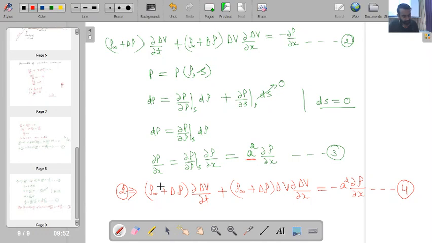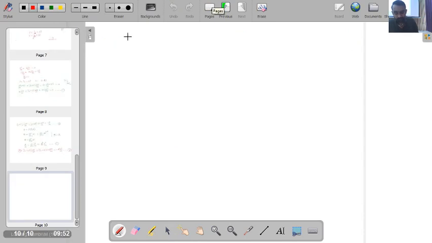So what I can do is relate this a square with a infinity. How can I relate it? I can say that a is also a function of density and entropy. But ultimately entropy is a fixed constant parameter here, so the only variation of a will be with density.